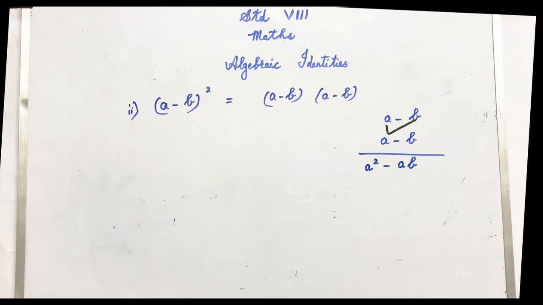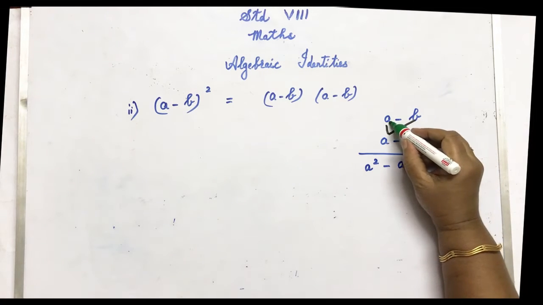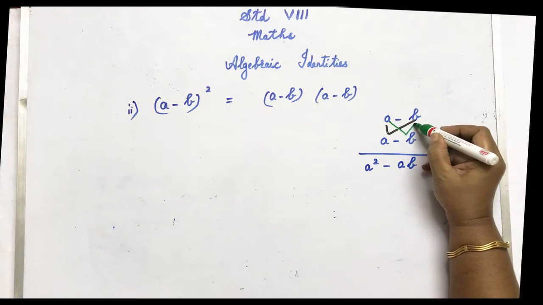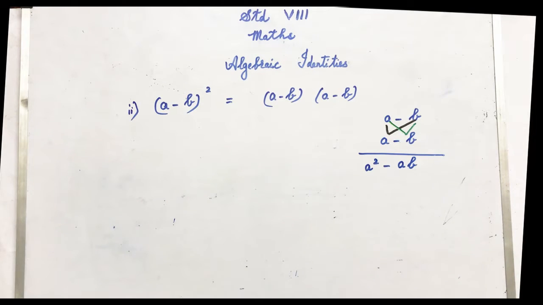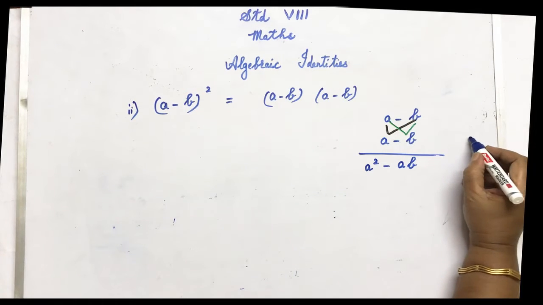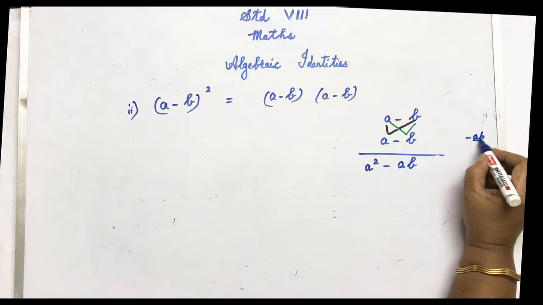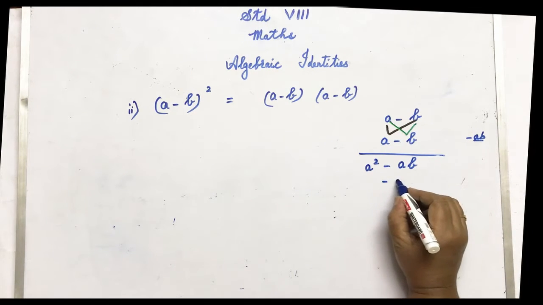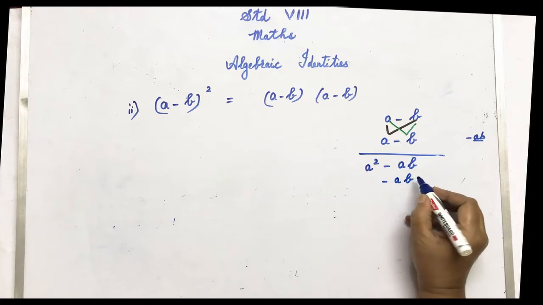Now we are going to multiply this expression with b. We multiply a with minus b, then minus b with b. a into minus b, we get minus ab. Already we have a term containing the same variables, so it should be arranged below this. So minus ab.